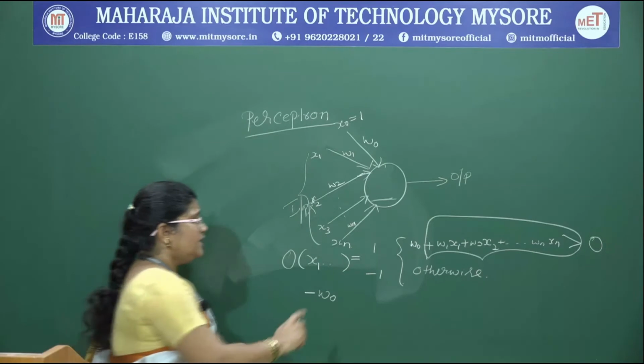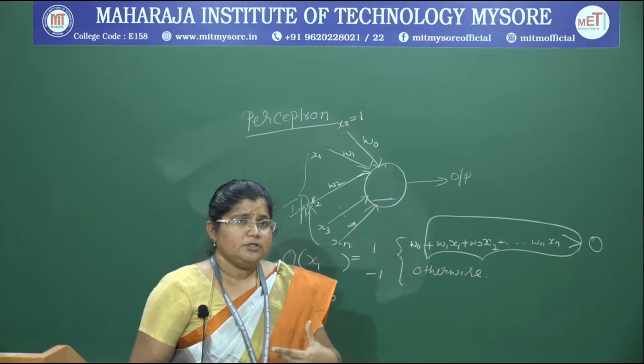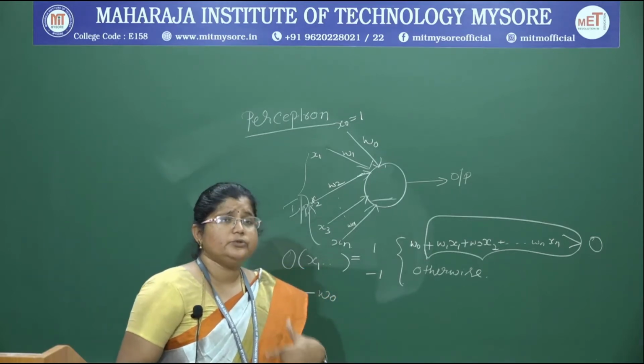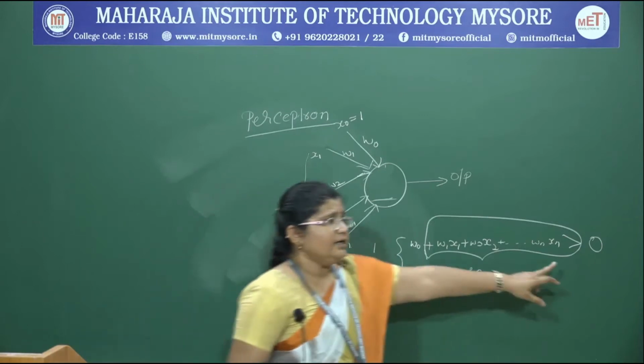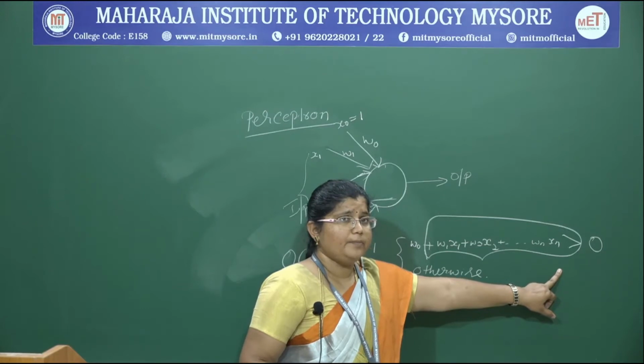What happens here is we should get the proper result from the perceptron. The result should be greater than 0 or less than 0, and that will be the proper output.